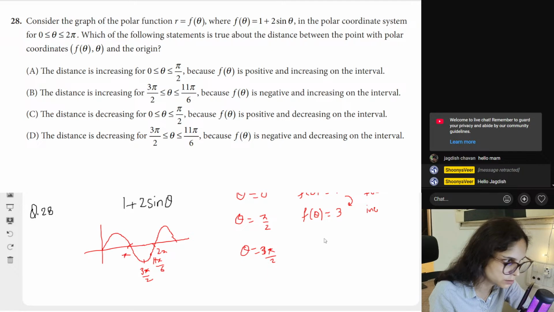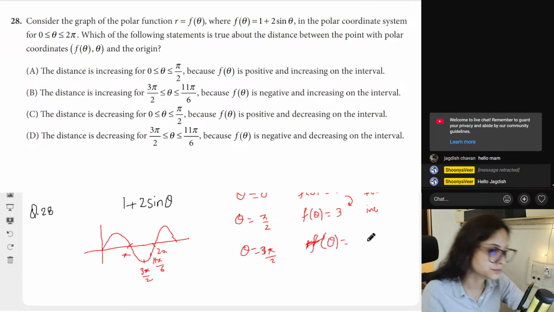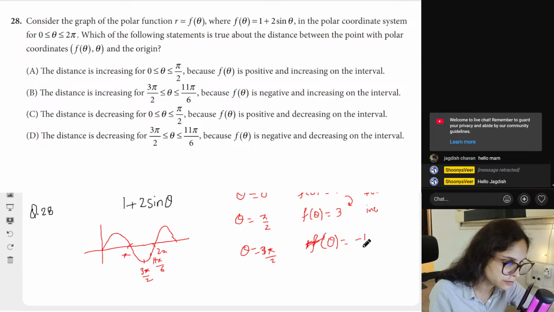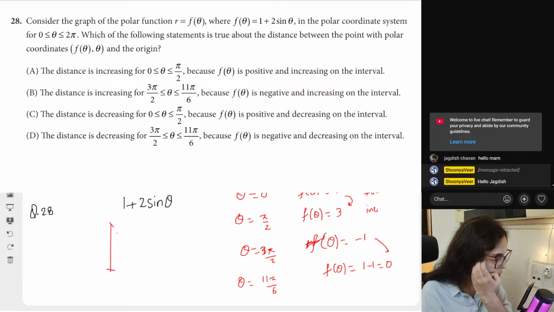What is the value of f of theta? It will be negative 1. And when theta is equal to 11 pi over 6, it will be 0. And these are the only two intervals given to us.